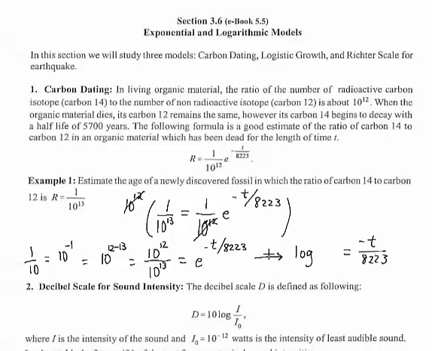The base of the exponent becomes the base of the log, so log base e. We could have written the natural log instead. And then the left-hand side of the previous equation becomes the argument of the log, 1/10. And so rewriting this one more time, we have the natural log of 1/10 equals negative t over 8,223.